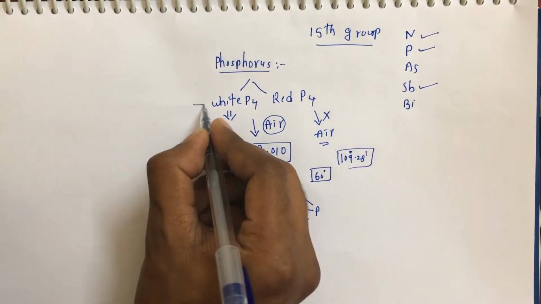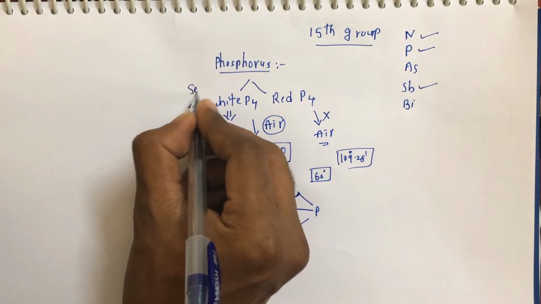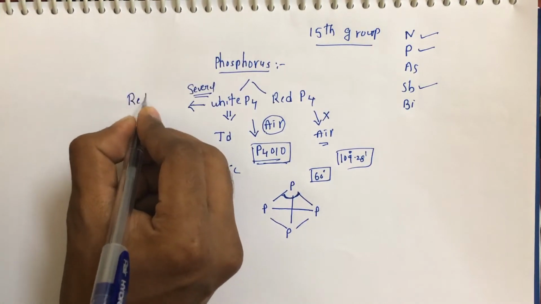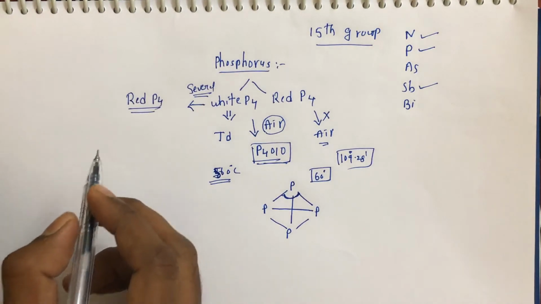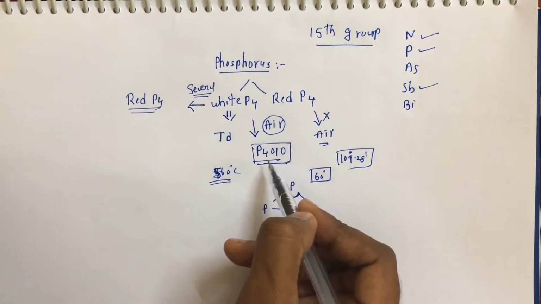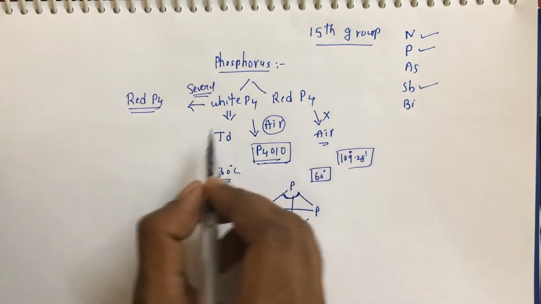If we heat this white phosphorus for several days, we get red phosphorus. The only difference between red phosphorus and white phosphorus is that white phosphorus reacts with air and forms P4O10, while red phosphorus does not react with air and doesn't form P4O10.